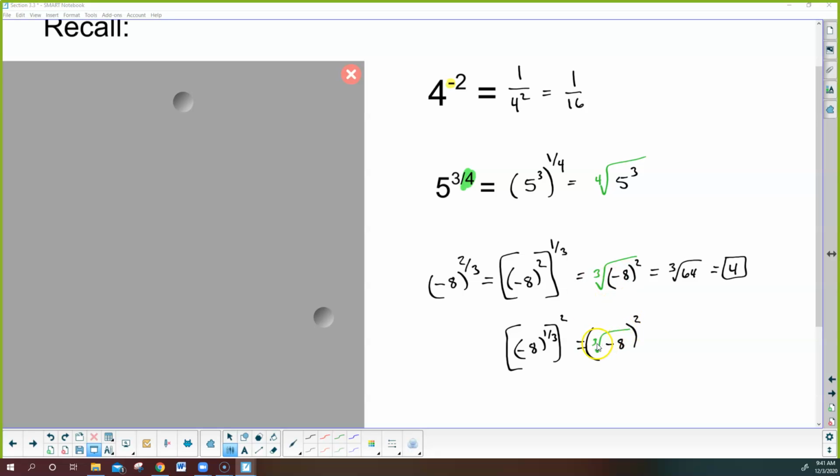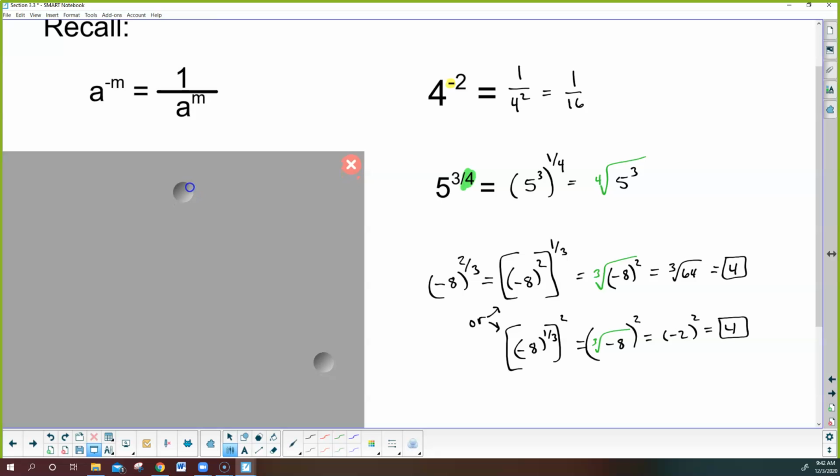Well, if I want to think of this, this is saying, well, what times itself 3 times gives me -8? And that's -2. This whole interior part turns into -2, and then -2 squared is +4. Notice we got the same answer either way that we did it. So there's 2 ways that you can think of this.